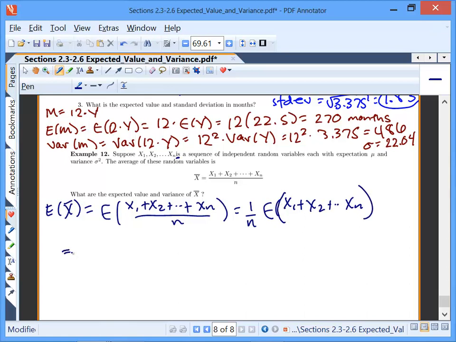As far as expected value, what do we do when we are adding up random variables inside? We just add up each of their expected values. So this is the expected value of x1 plus the expected value of x2 plus all the way up to the expected value of xn. But what is each of their expected values? If you look up in the problem statement, they all have expected value mu.